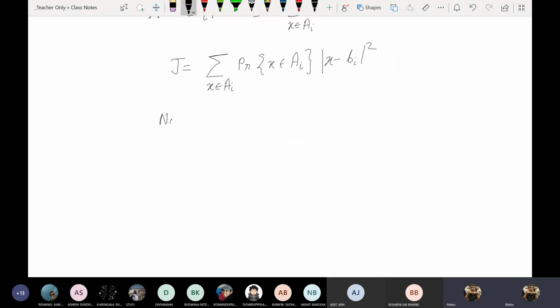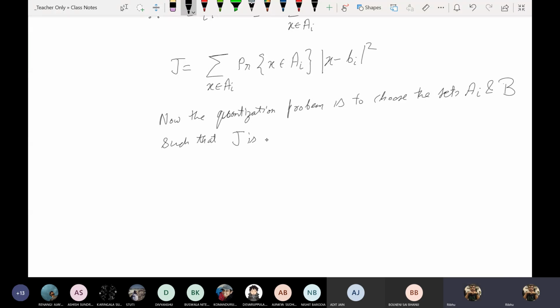Now the quantization problem is to choose the sets ai and bi such that J is minimized.